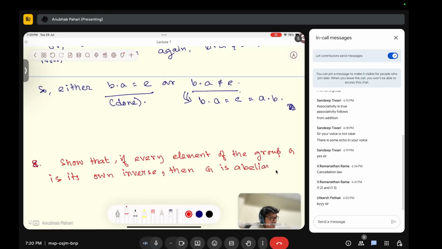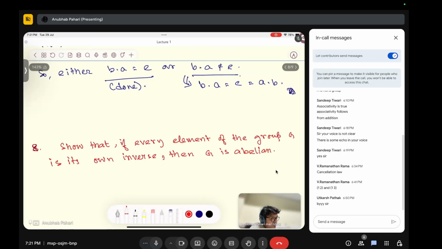I mean, this should be easy. You should try this, and I'm going to take a break for 2-3 minutes, and I will come back. And let me know in the message section if you are done, or you can write your solution also.